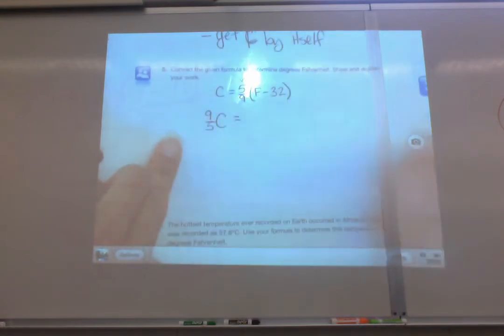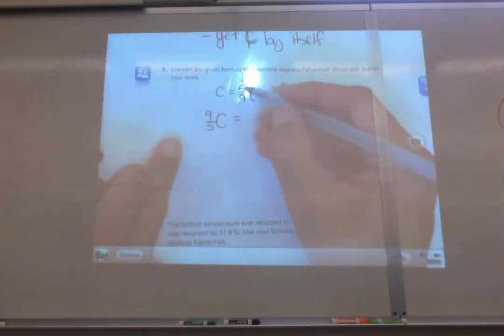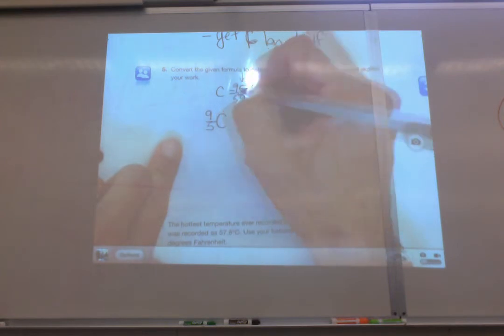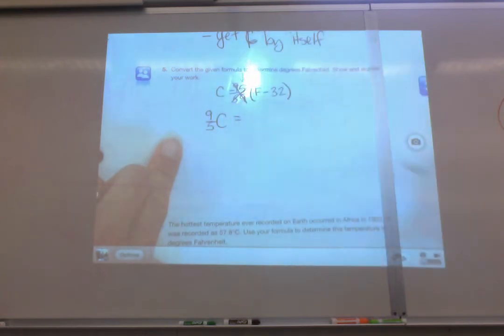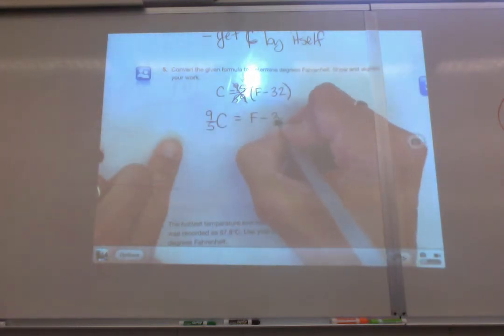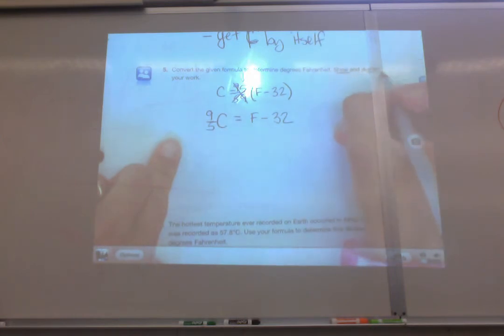This time I'm just going to put the letter C. Multiplying right here by the reciprocal, 9 over 5. Remember that crossed canceled everything. So f minus 32 is what's left. Show and explain times by reciprocal.